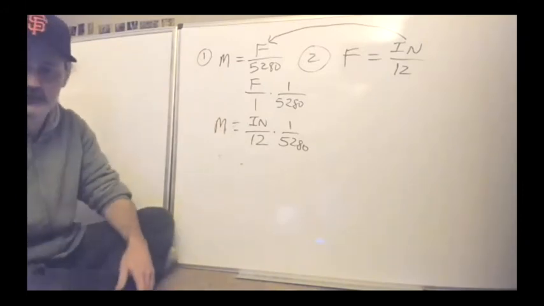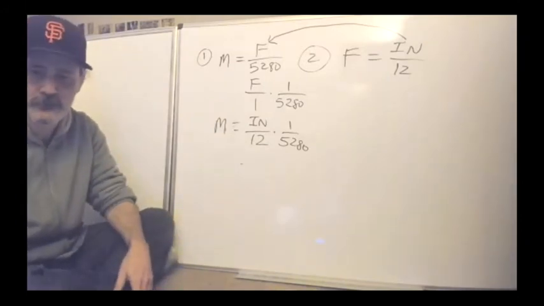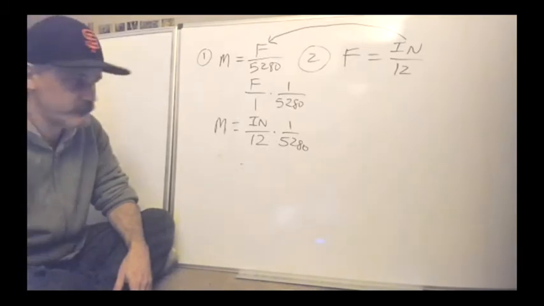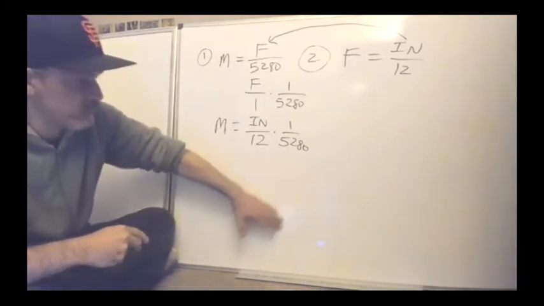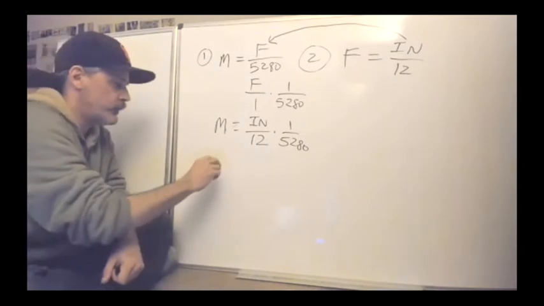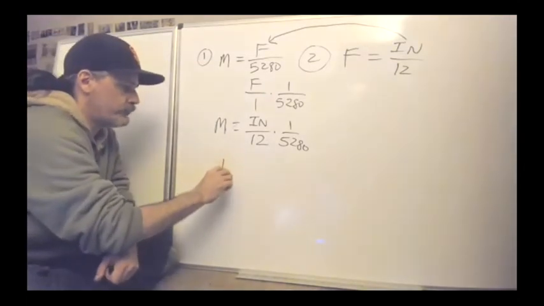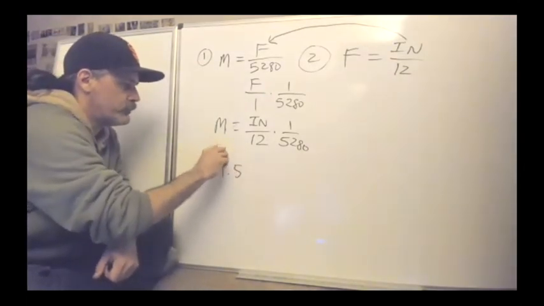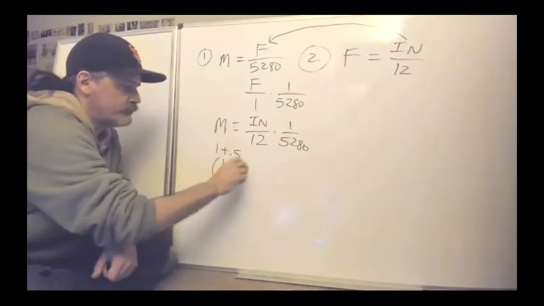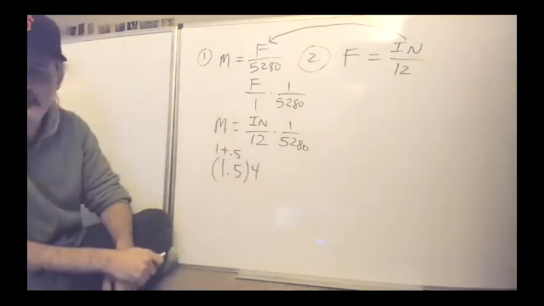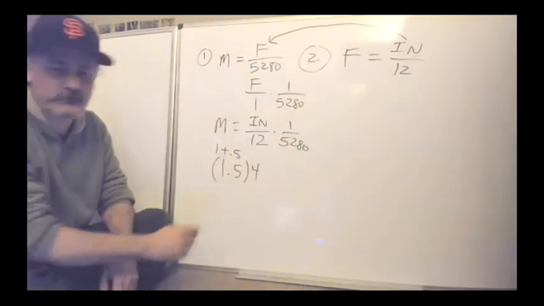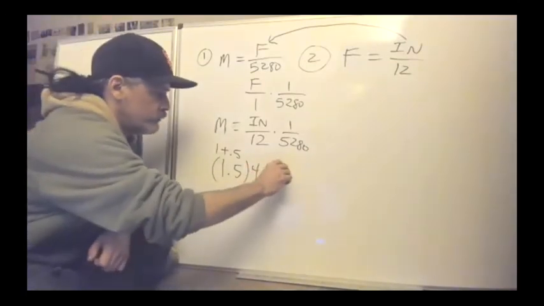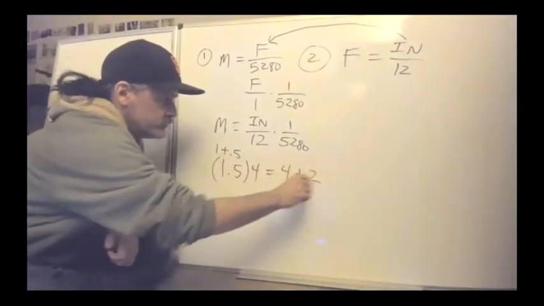Okay, well now if we look at the third one, it's a little more involved. All right, and so I'm going to point out if you multiply 1.5, which is 1 plus 0.5, to 4, this is going to become 4 plus 2.